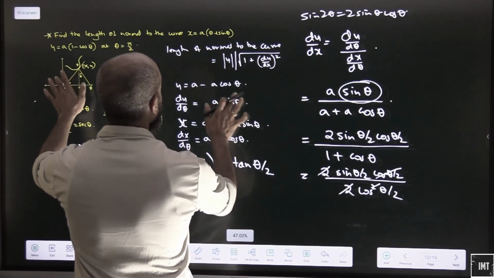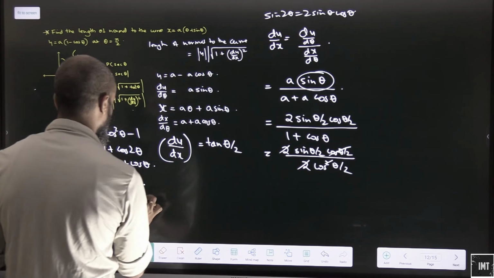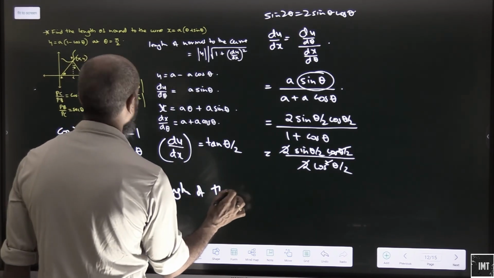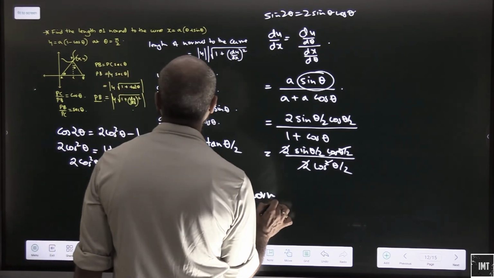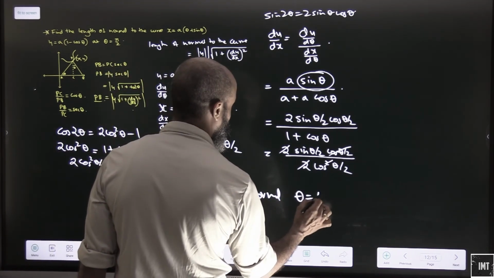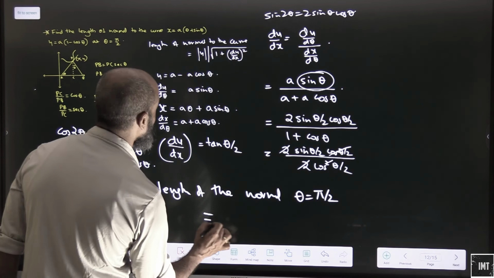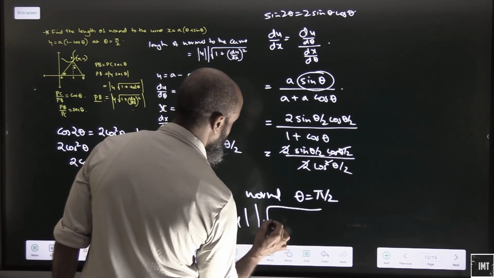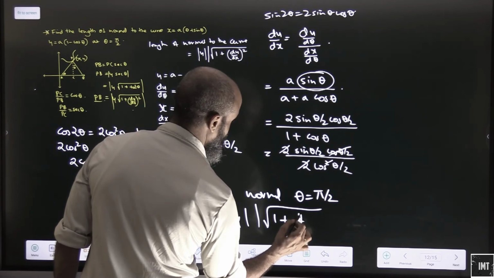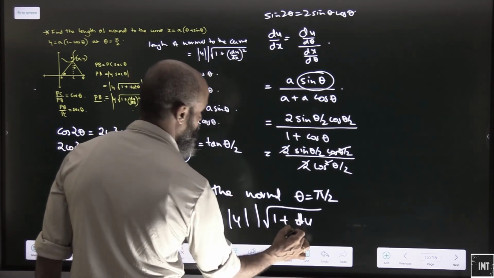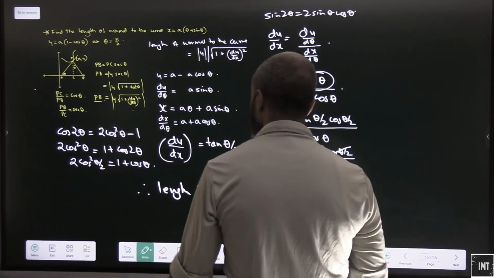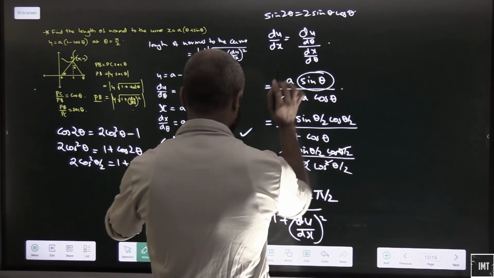Okay, so now we have to find out the length of the normal at theta is equal to pi by 2. This will be equal to mod of y into the square root of 1 plus (dy by dx) square. We have already calculated dy by dx as tan theta by 2.